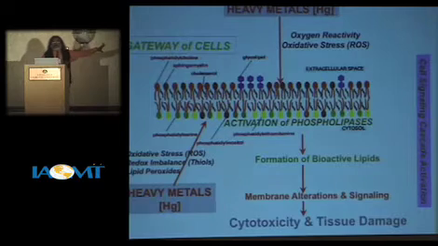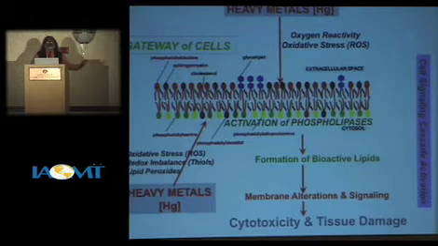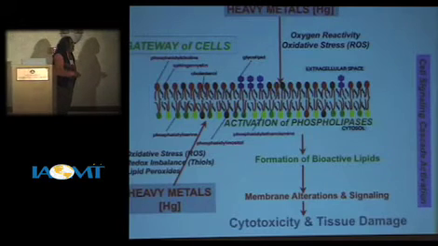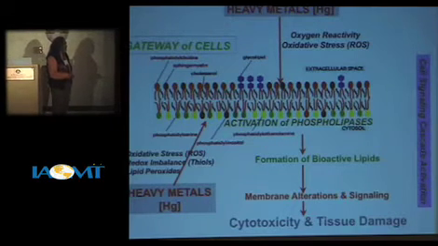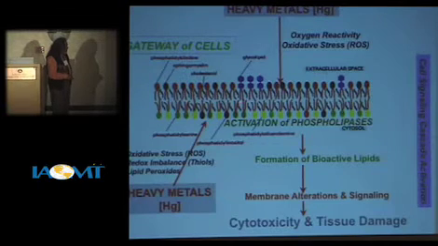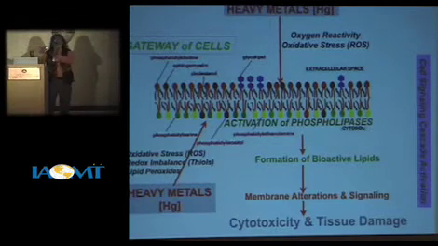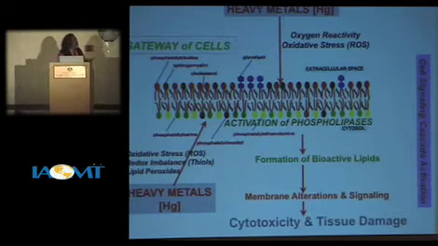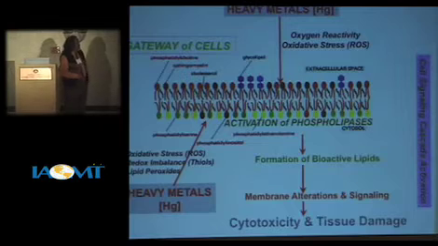So coming back to all these heavy metals, what they do, you look at the membrane as the gateway of the cells, and there is oxidative stress when the heavy metals hit, especially, I give you an example here, mercury, and then oxygen reactivity. The unsaturation is very highly reactive with the reactive oxygen species, and the unsaturated fatty acids are oxidized.